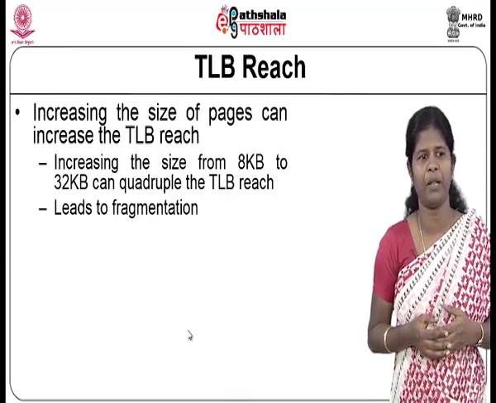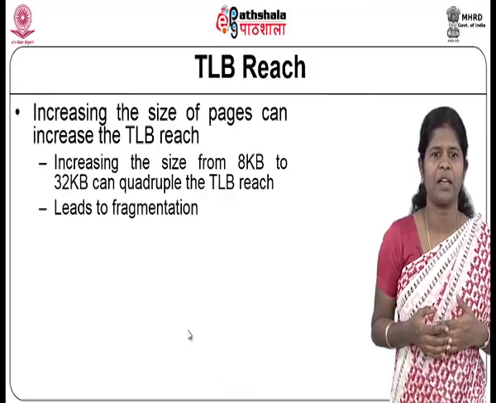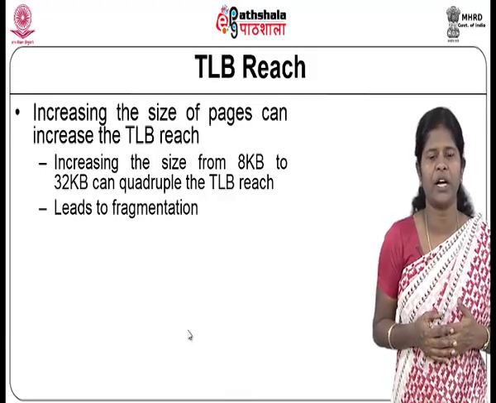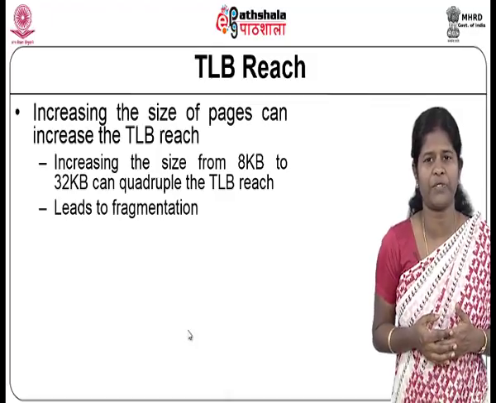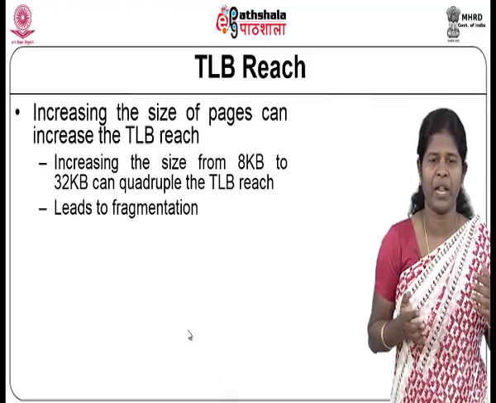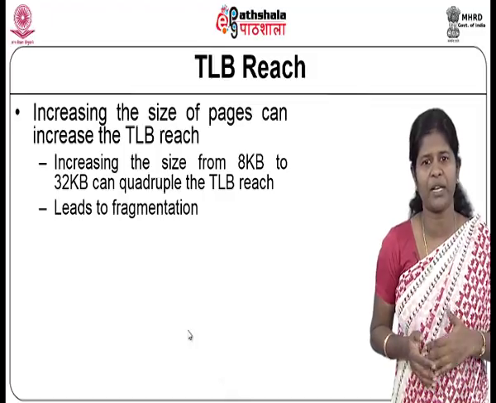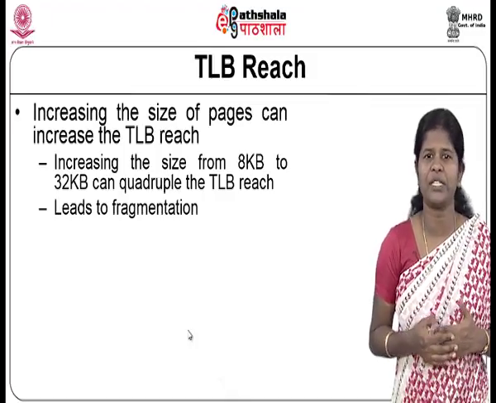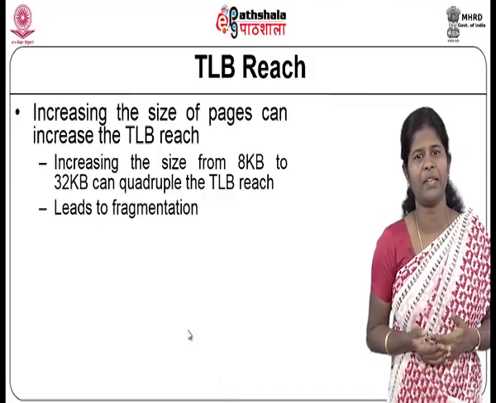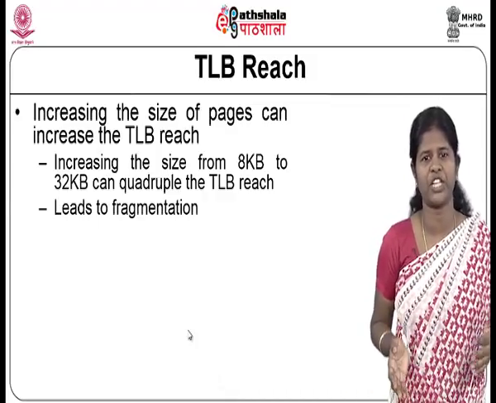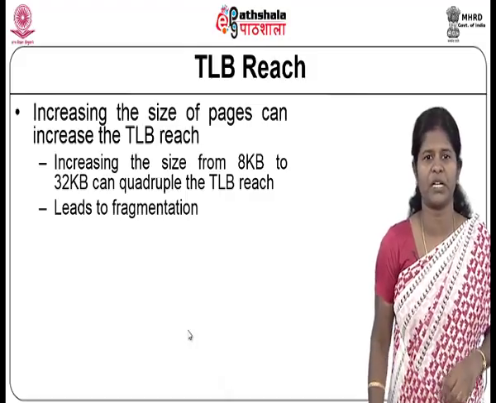Say for example, if you increase the size of the pages from 8 KB to 32 KB, the number of pages will decrease 4 times, and hence the TLB reach will increase 4 times. But the problem again is that when the size of the page is much larger, it will lead to internal fragmentation.